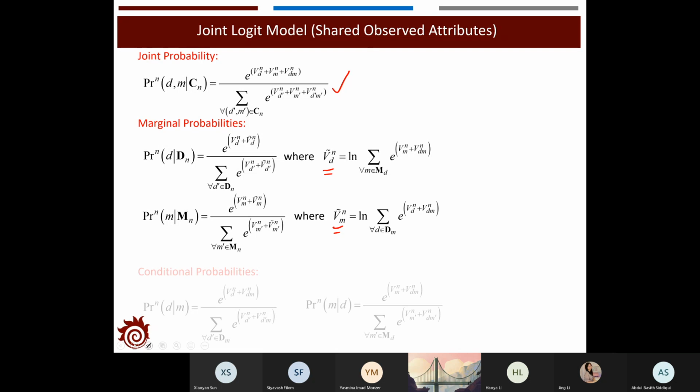We also have the conditional probability for the destination D given the mode M, and the mode M given destination D. All of them are very simple. Once you have calibrated the functions for the deterministic components, it will be quite easy to get all these probabilities.